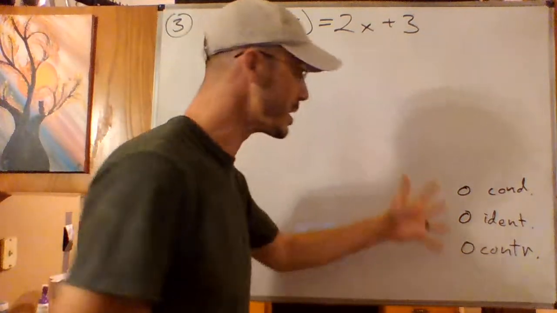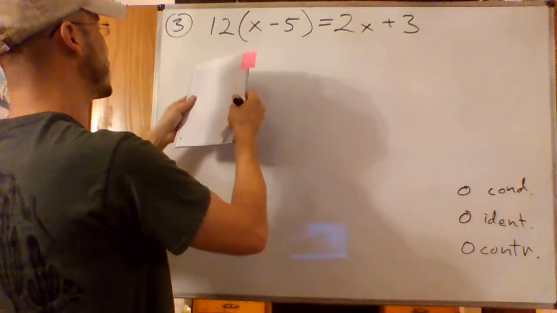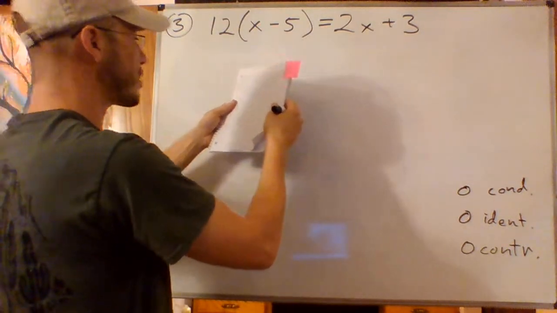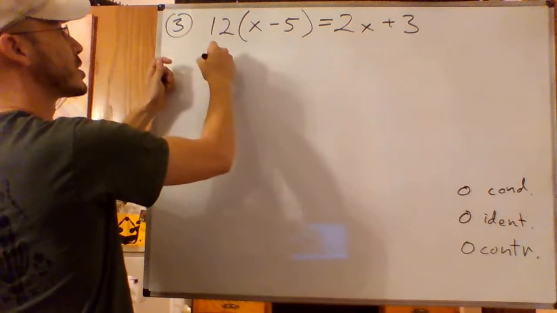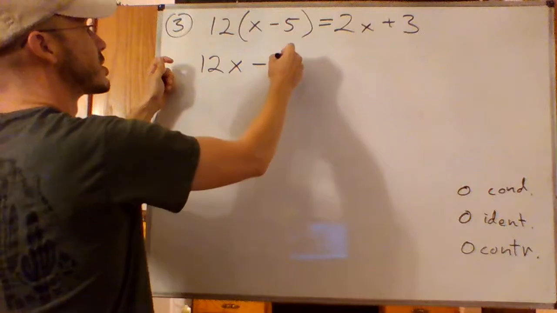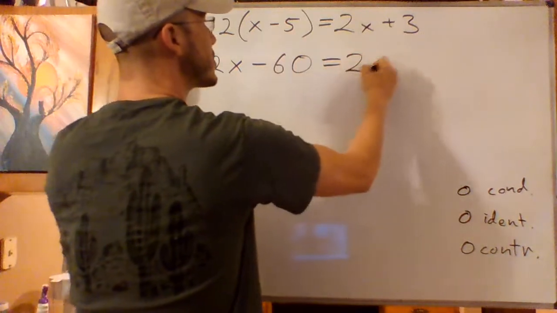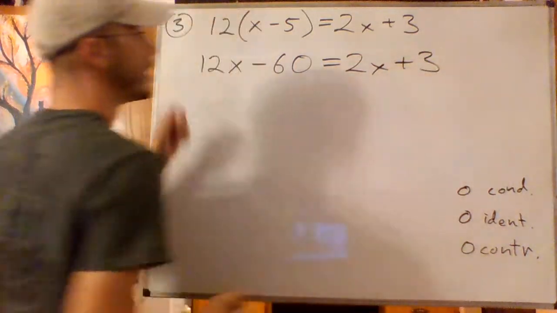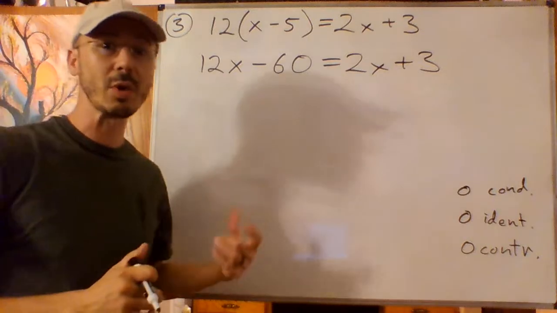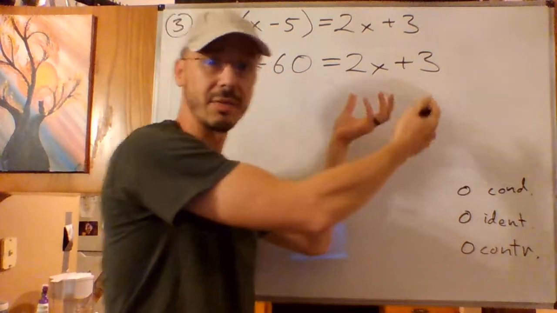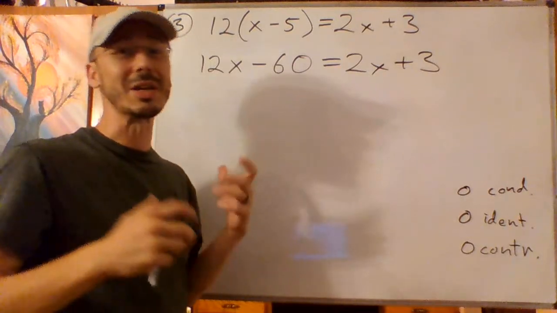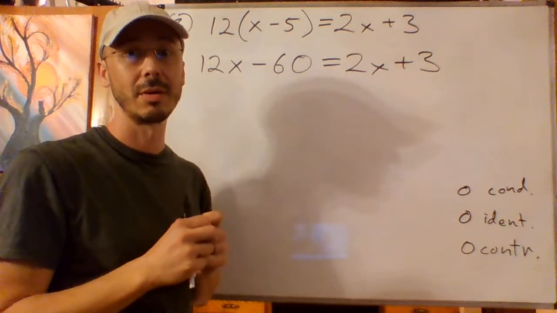You don't have to write these, but since I do, I'm going to abbreviate them. But we're going to do the same thing. We're going to try to solve it and see what happens. I distribute the 12, and I get 12x minus 60 equals 2x plus 3. Now, what I'm going to do next is try to get the numbers on one side, the variables on the other side. But I can do that in one step.